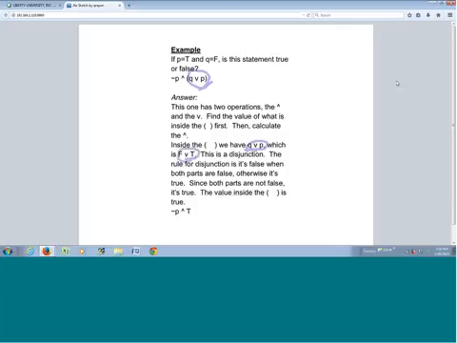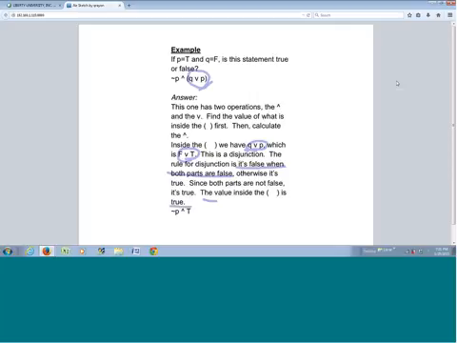So in order to figure out the truth value of what's inside the parentheses, I have to refer back to my disjunction rule. And the disjunction rule says it's false when both parts are false. So I don't have that situation, so that tells me what's inside the parentheses is true.